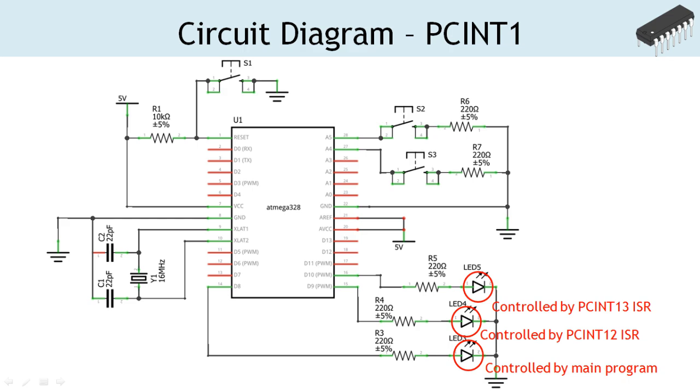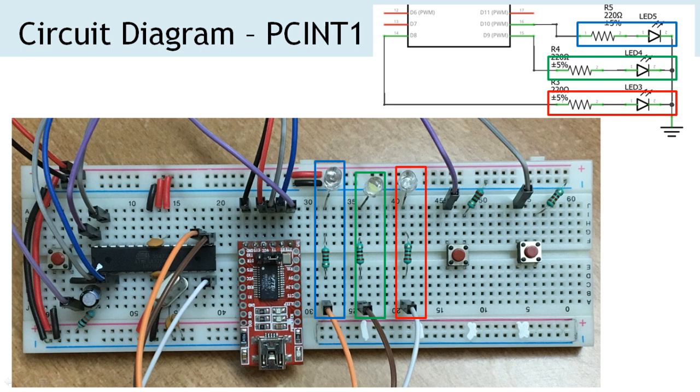The LED controlled by the main program is connected to pin number 14 through a 220 ohm resistor, and the LEDs controlled by PCINT12 and PCINT13 are connected to pin numbers 15 and 16 through a 220 ohm resistor respectively.